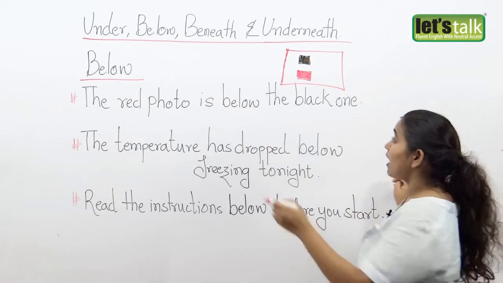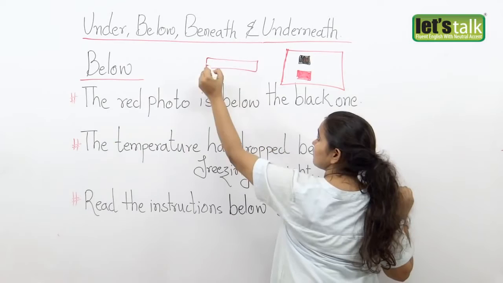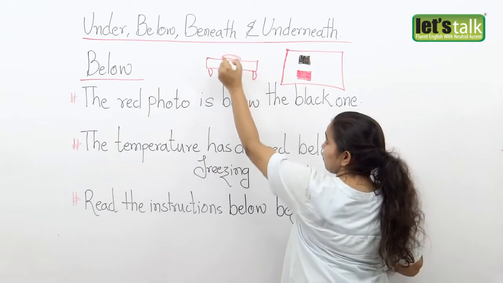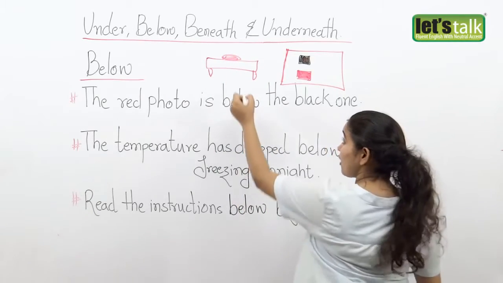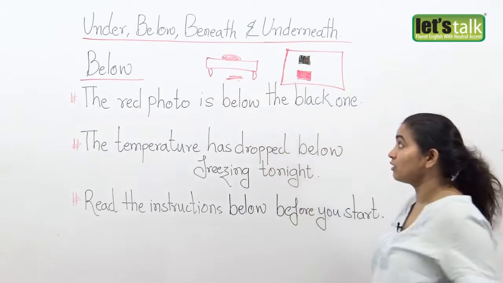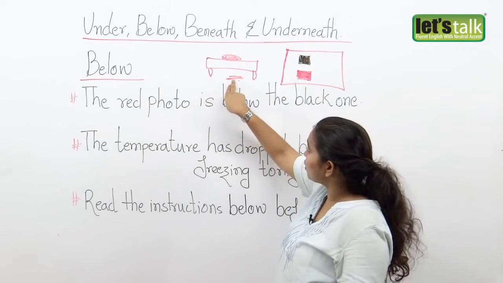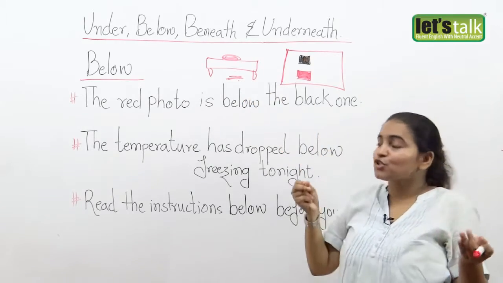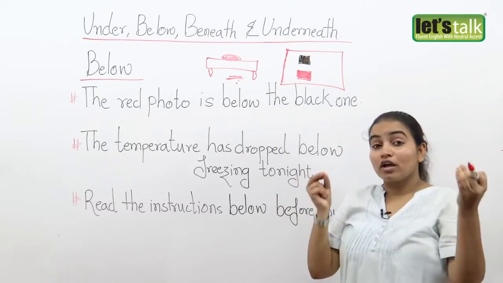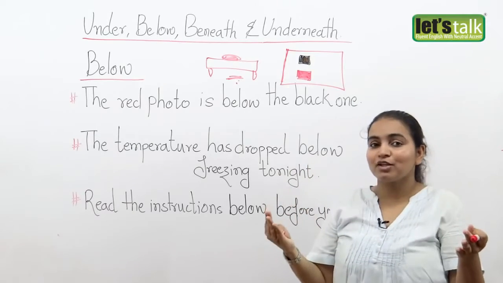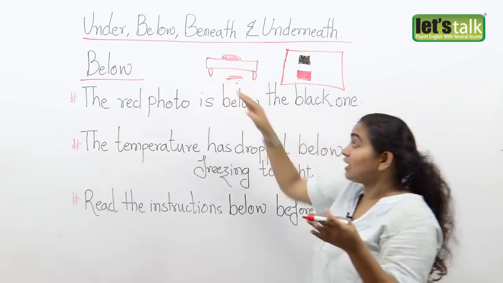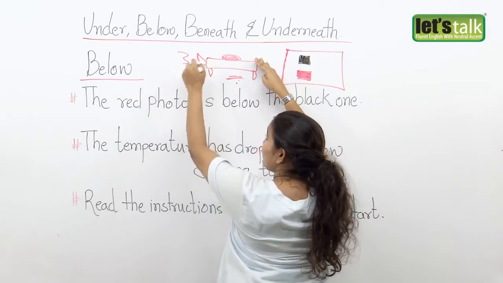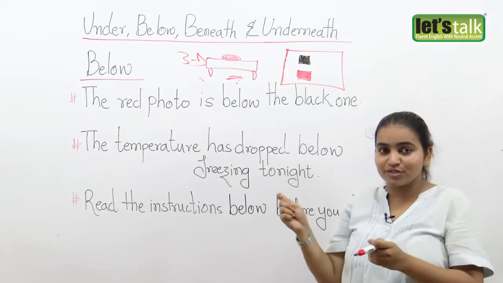But suppose I have a table here and the black photo is somewhere here, but the red photo is lying somewhere here. Could I say the red photo is below the black one? No, I will then use the word under, because when I explained under, I clearly mentioned that anything that is under a three-dimensional object will always have under used in it.